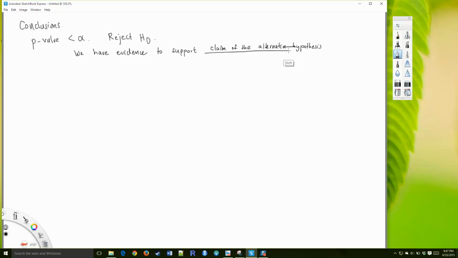So if the alternative hypothesis says it's different from this, or greater, or less than something, that's what happens. When you reject the null, you have evidence. Rejecting the null corresponds to having evidence.